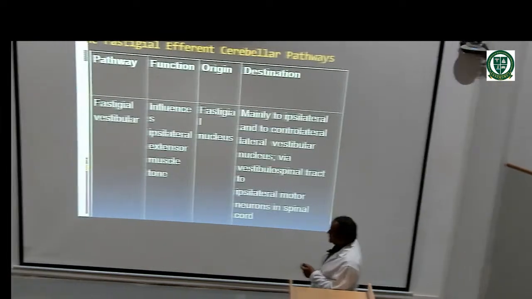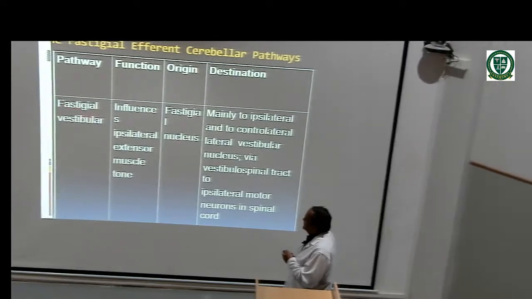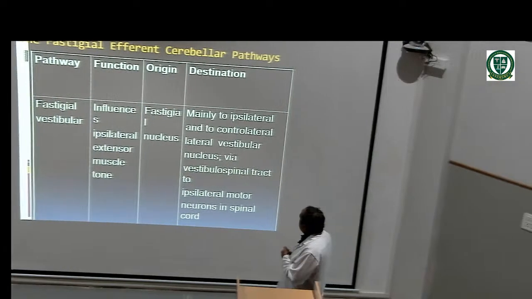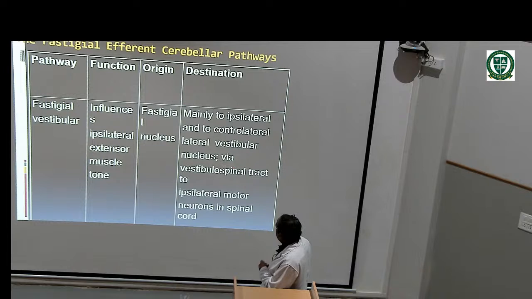So what are these pathways? Fastigiovestibular. The function of this pathway is that it influences ipsilateral extensor muscle tone. It originates from the fastigial nucleus, and mainly ends in the ipsilateral and contralateral lateral vestibular nuclei, then the vestibulospinal tract to ipsilateral motor neurons in the spinal cord.